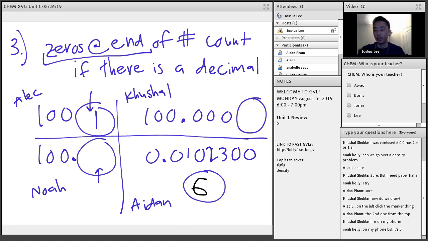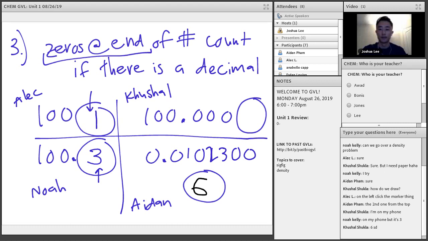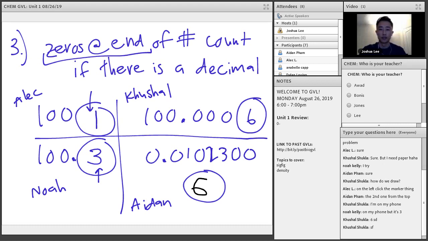All right, I'll put in your answer, Noah. 3. Kushal, what do you think? 6. All right, let's talk about it. So this one, Alec wrote 1, and that's good because, hey, we have a 1 here, so this definitely counts as a sig fig.